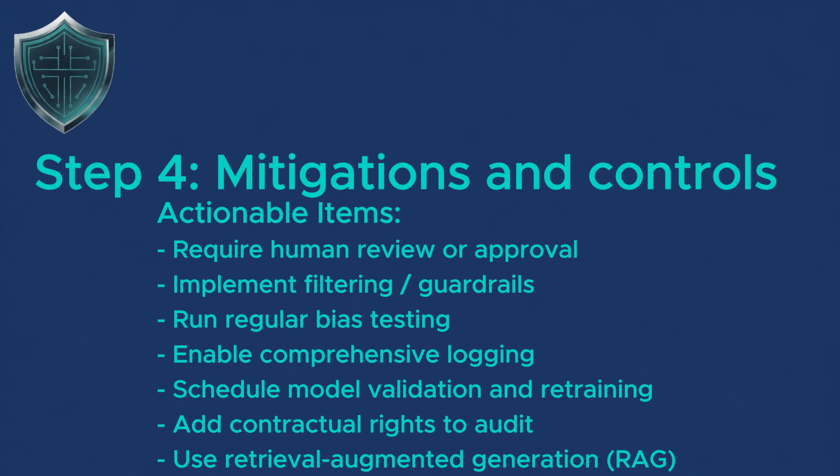Run regular bias testing on representative datasets. Enable comprehensive logging of all model inputs and outputs. Schedule periodic model validation and retraining. Add contractual rights to audit the third-party model provider. Use retrieval augmented generation, RAG, to ground outputs in verified data.